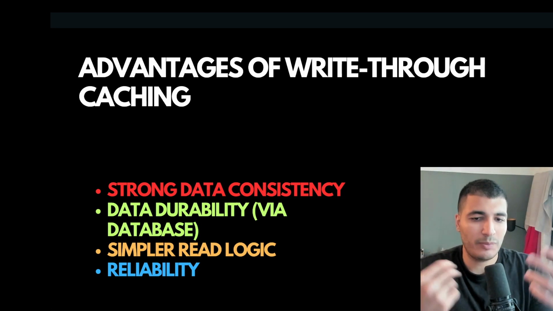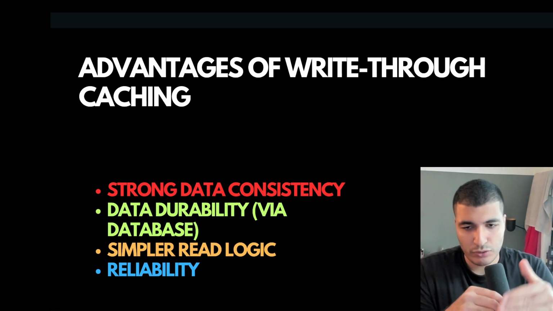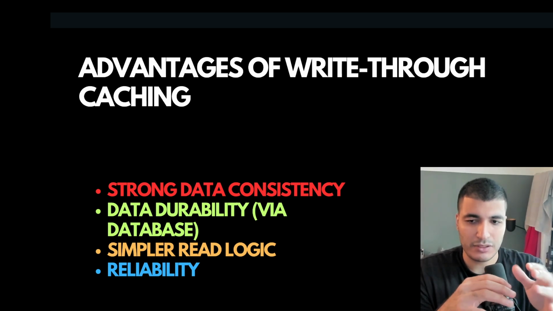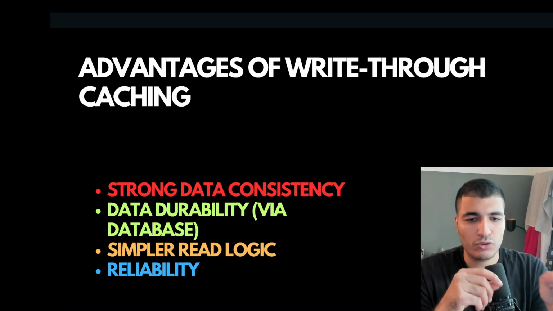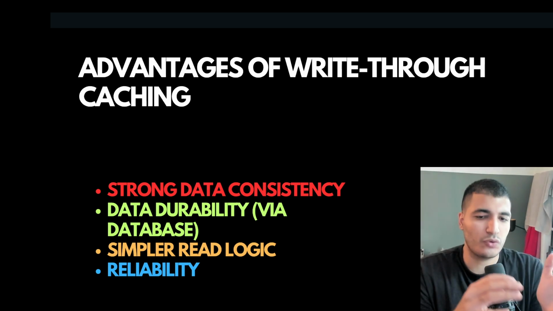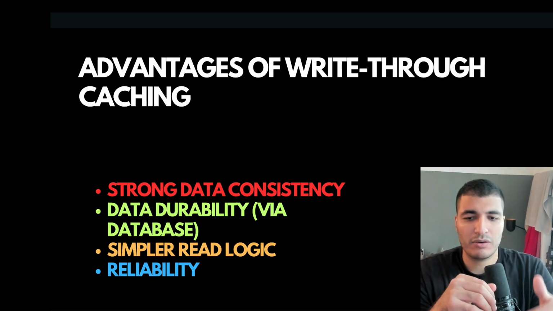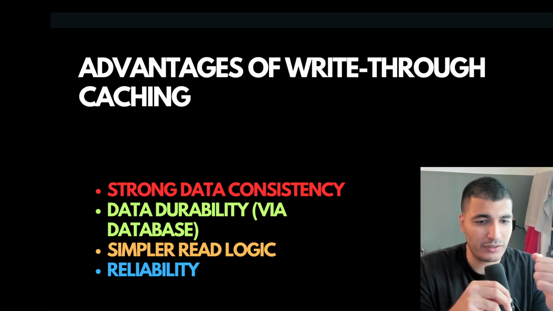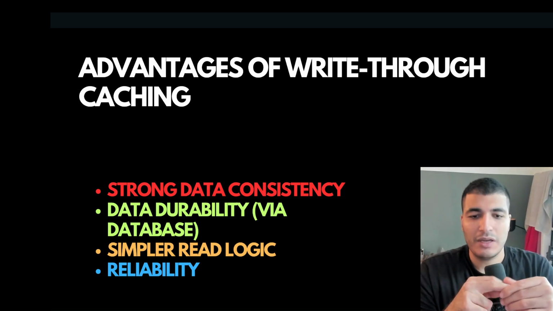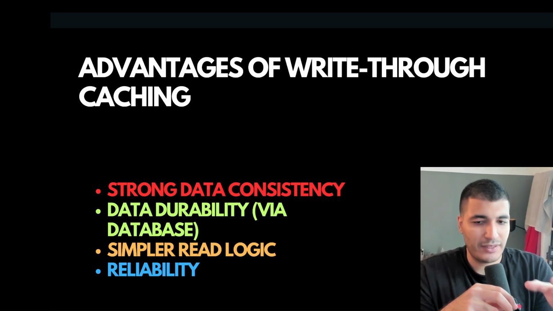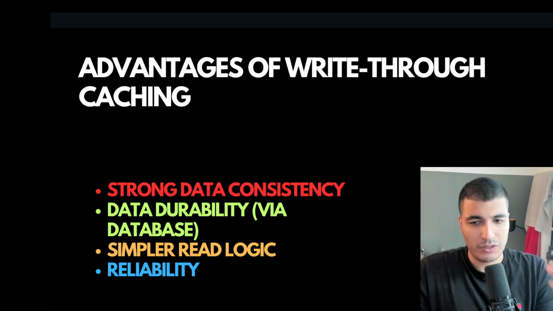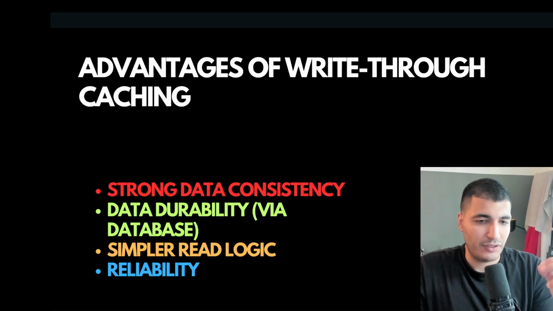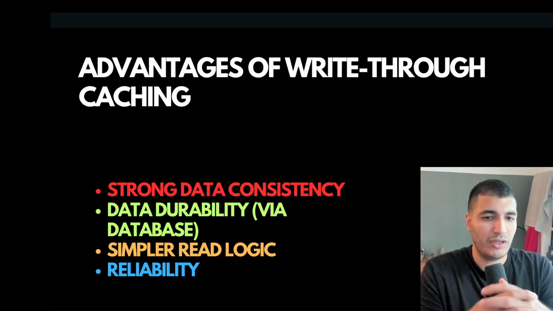Next, we have data durability. Since every write goes directly to the database, your data is durable, stored in the source of truth. Even if the cache were to fail immediately after a write operation, the data would still be safe in the database. This provides a good level of data safety. Number three, simpler read logic.